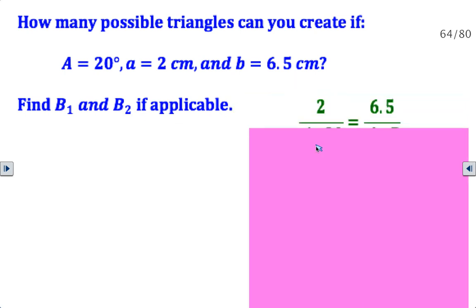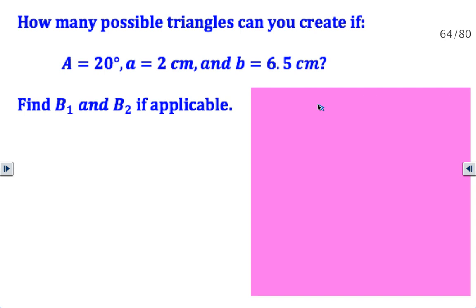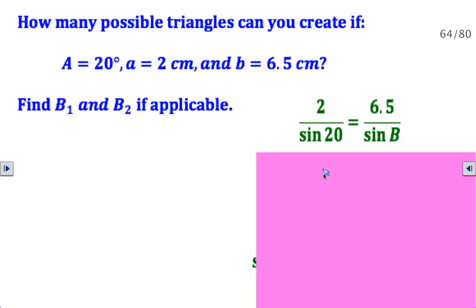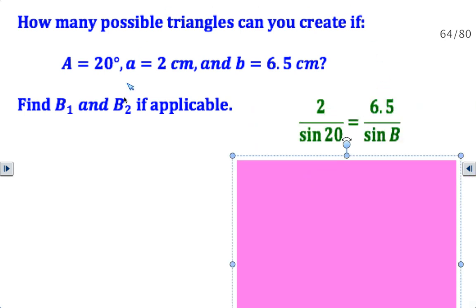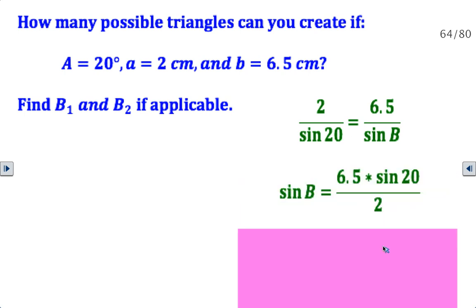This time I'm not going to draw a diagram for you. I'm just going to set up the equation. So I'd set it up as 2 over sine 20 equals 6.5 over sine B, and I'm looking for my B value. So I cross multiply and divide.